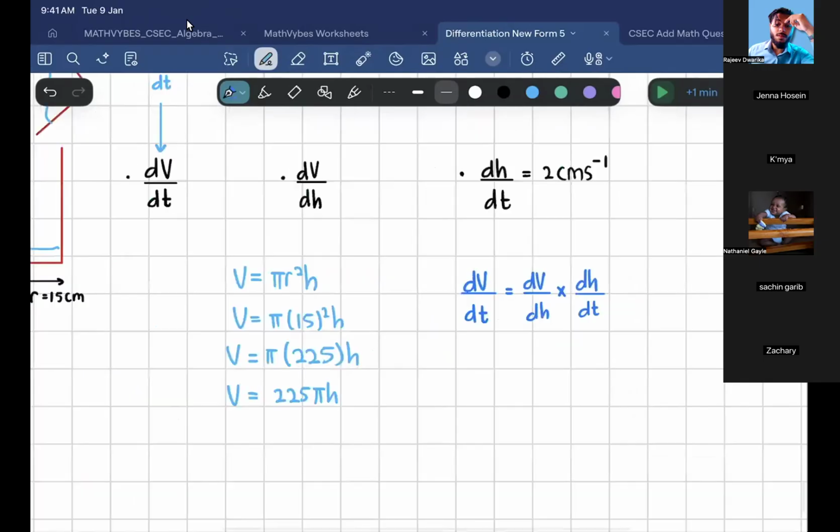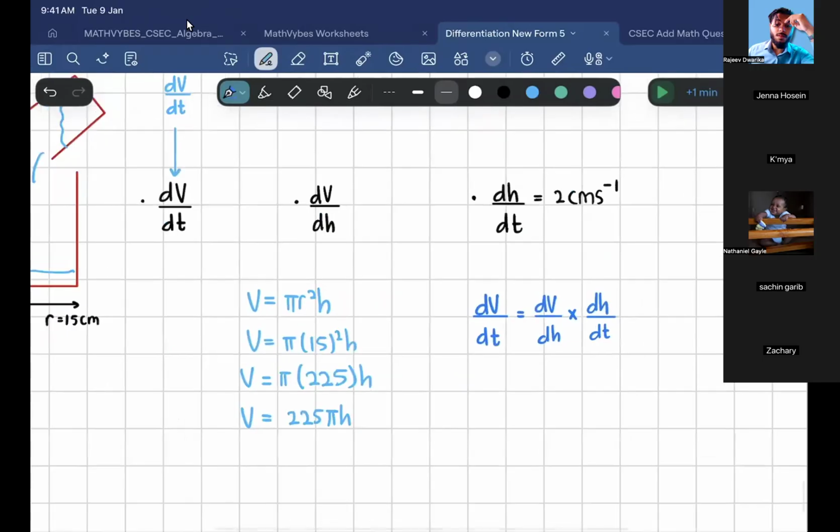Do you understand that? Yes or no? Yes, sir. Jenna, Kamaya, Nathaniel, Sachin, if you have anything confused, tell me. Jenna, you understand everything so far or no? Yes, sir.